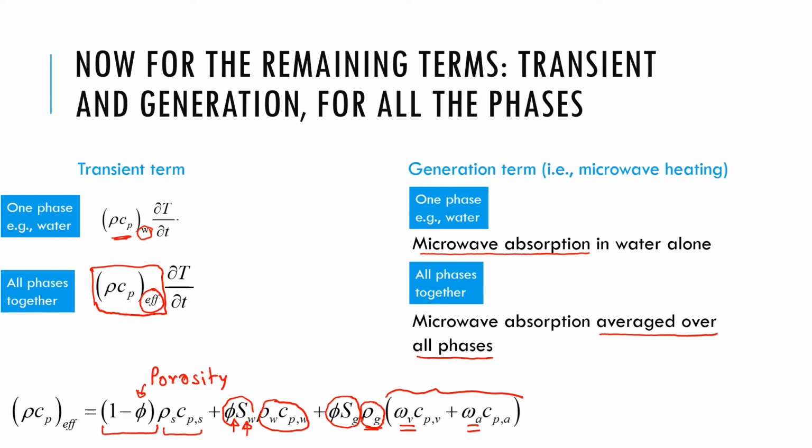If we're doing microwave heating, then it will be in the microwave module. So the point is the heat generation term Q is going to have the combined heat generation for all the phases.